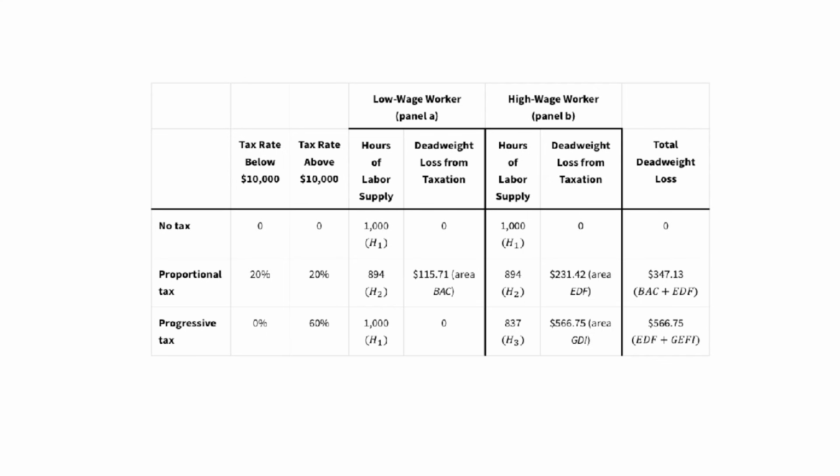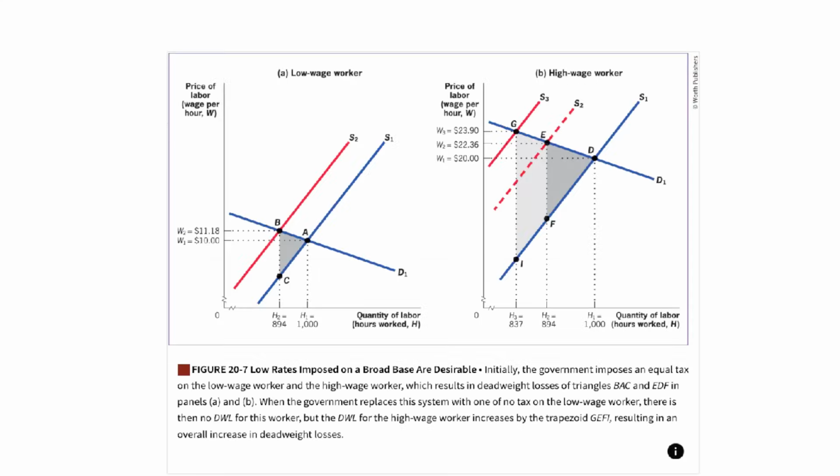What does that do? Well, let's go back to figure 20-7. For the poor guy, deadweight loss is 0. You've gotten rid of the tax, they're back to point A. For the rich guy, they lower their labor supply in response to this tax all the way to 837 hours of labor, creating a much bigger deadweight loss by adding the trapezoid EFIG.